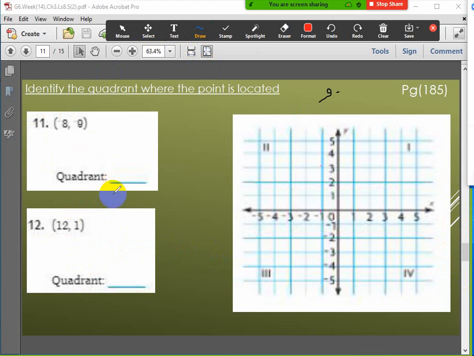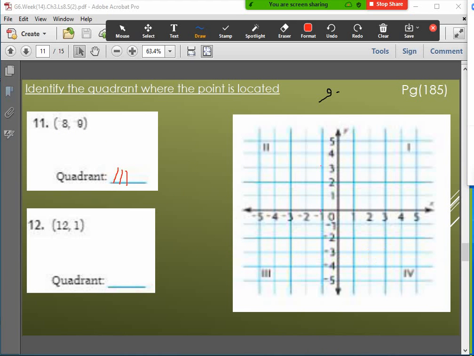Which quadrant here? Yes, negative x, negative y. In which quadrant? The third one. Very good. Number 3. Thank you, Yusra. Because the x is negative and the y is negative.